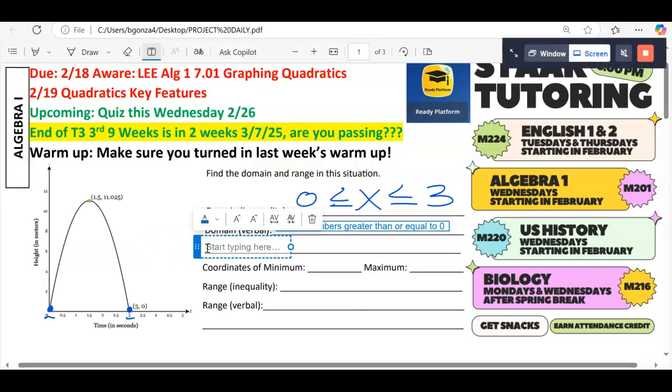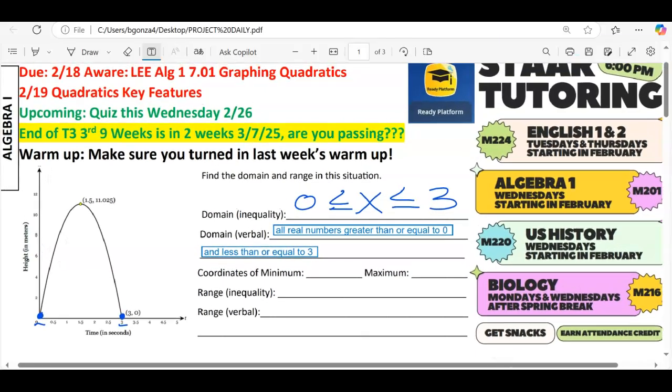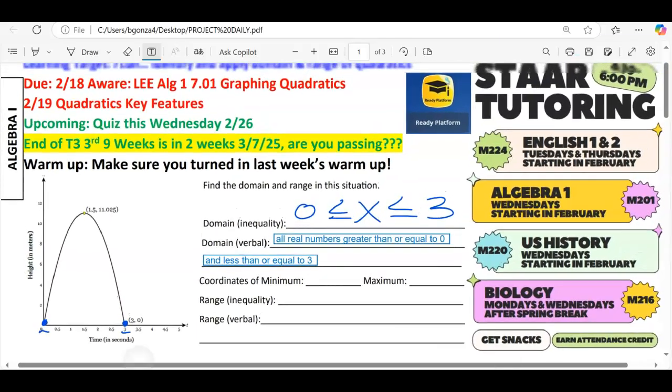And then for the top number, you're going to put less than or equal to 3 in this case. So it's greater than or equal to the bottom number 0, less than or equal to the top number 3. Okay. That is the verbal description of that.